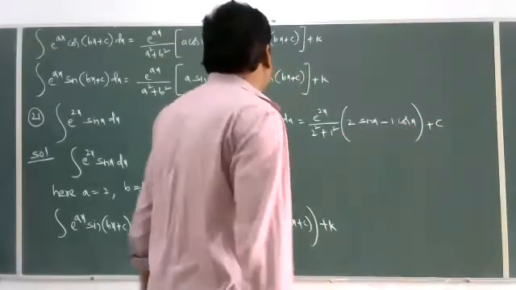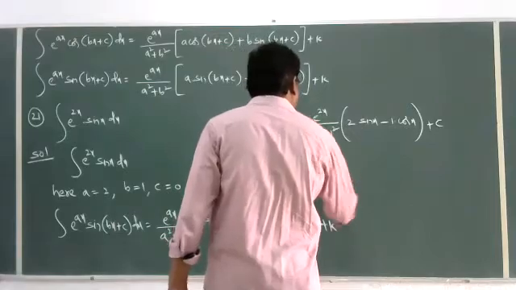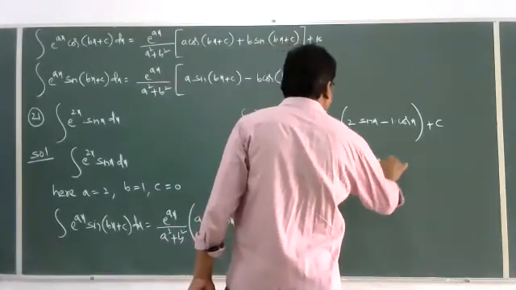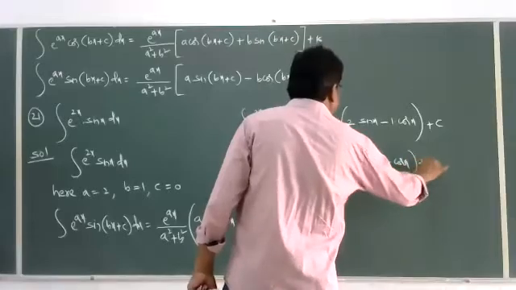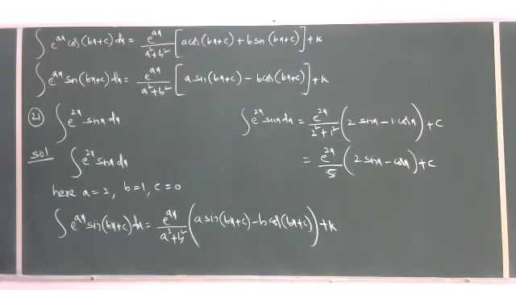That is e power 2x by 5 into 2 sin x minus cos x plus c.